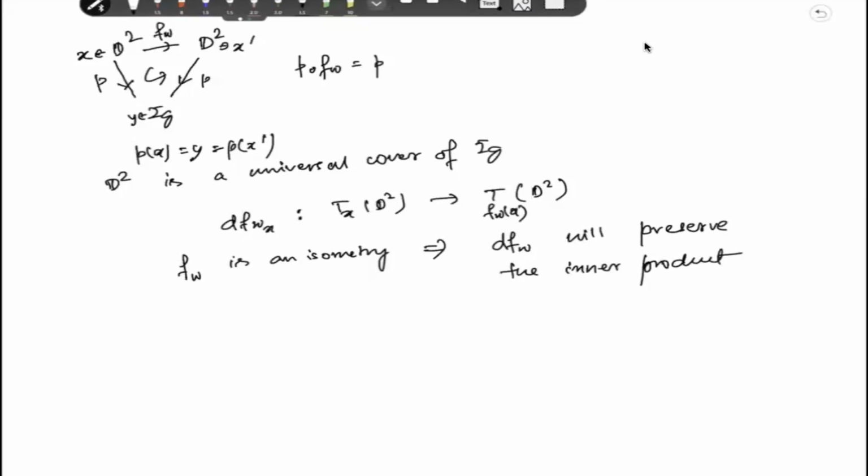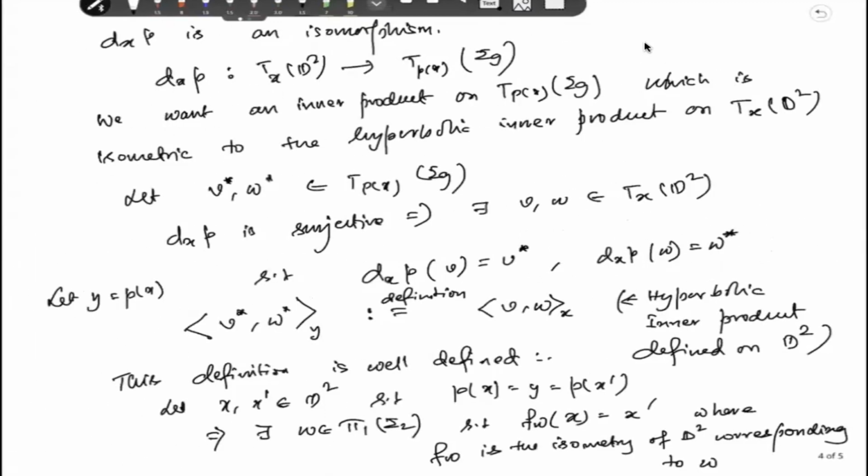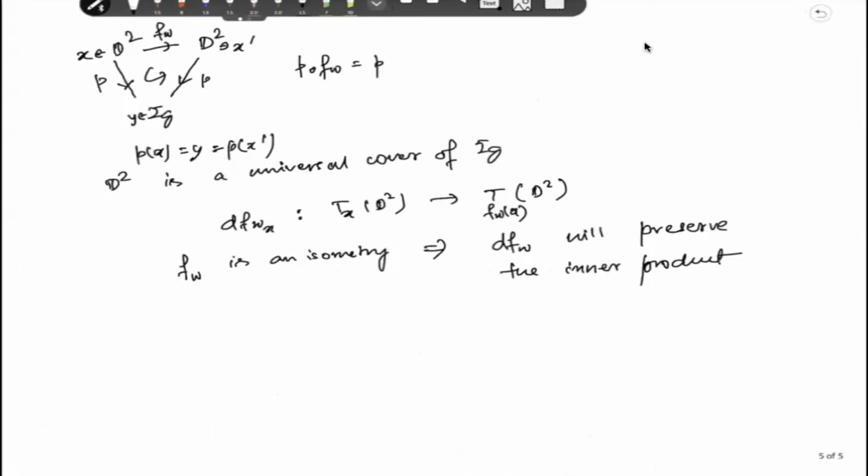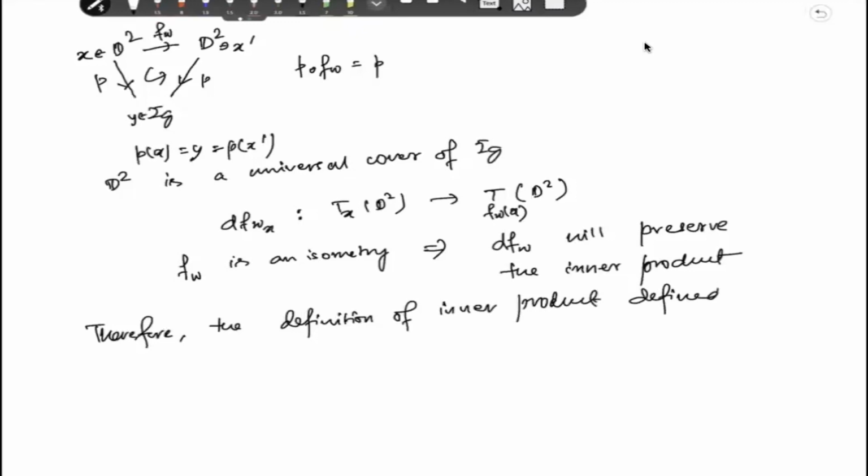So therefore, this definition is well defined. Therefore, the definition of inner product defined on sigma g is well defined.